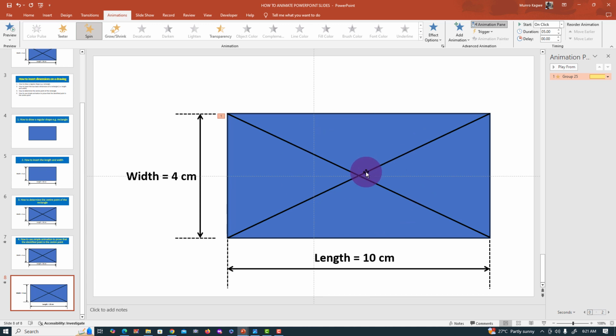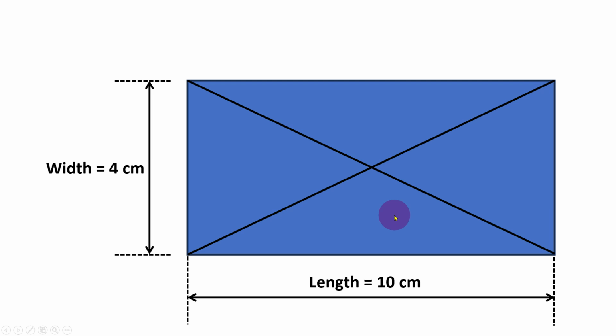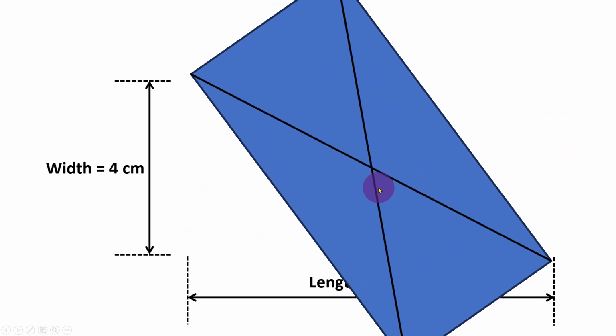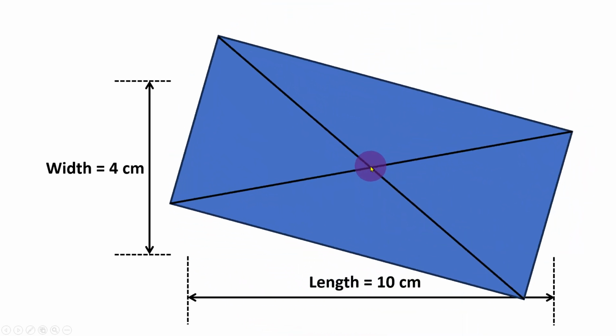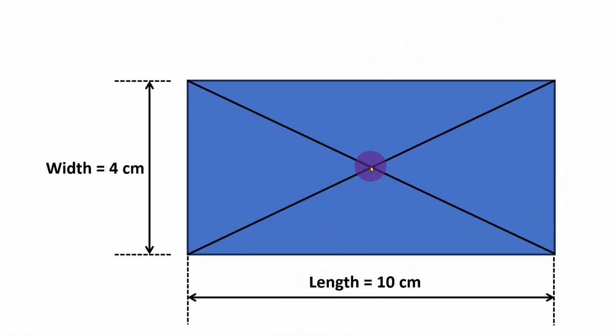In order to show the effect properly, I'll go to Slide Show, and then I can say Start from Current Slide, and now once I click on it and put my cursor there, you can see it spins comfortably about that particular point.